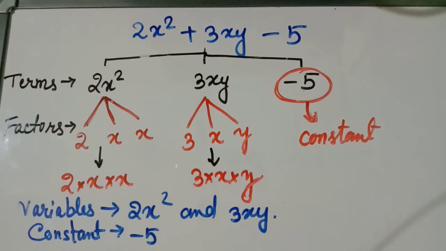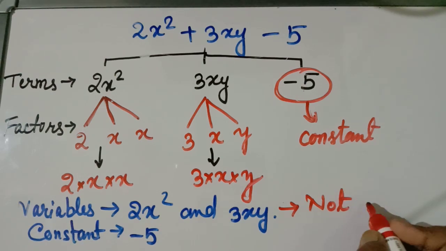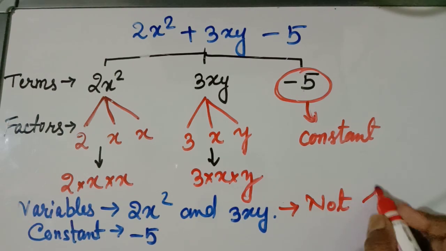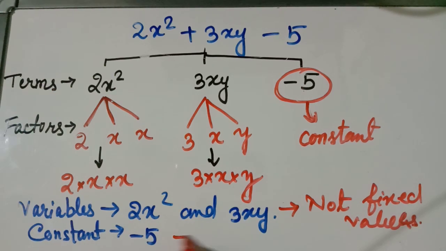So in an algebraic expression, the values of variables are not fixed. But constants have fixed values.